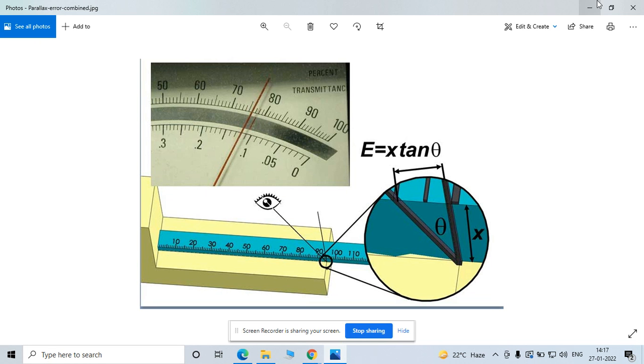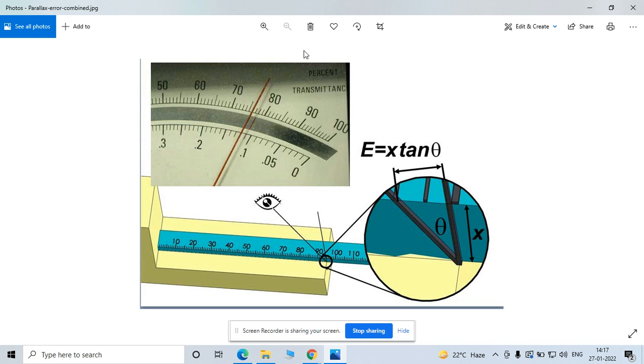Now, depending on the different locations of meters in industry as well, for example, in a thermal power station, the boilers are there, right? There are different parameters, and different meters are installed in different locations.